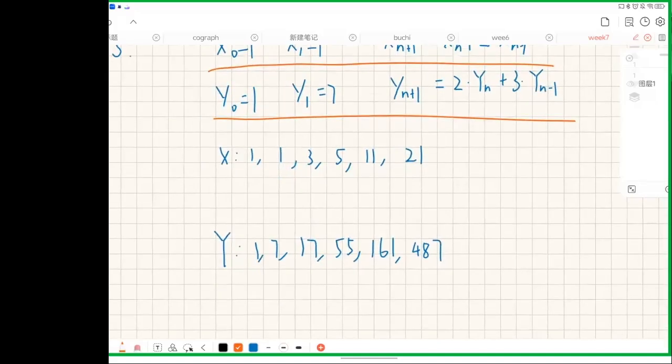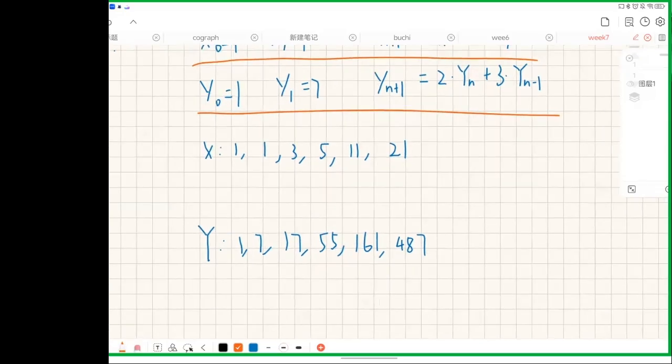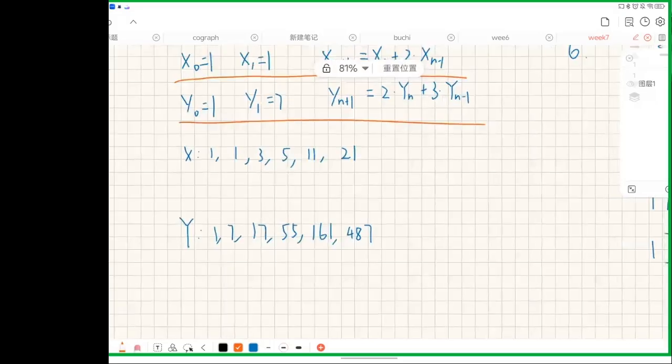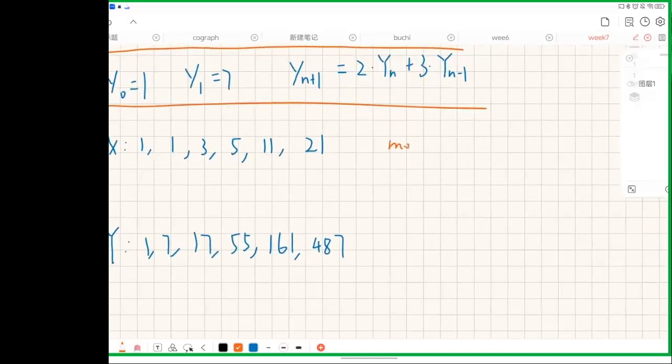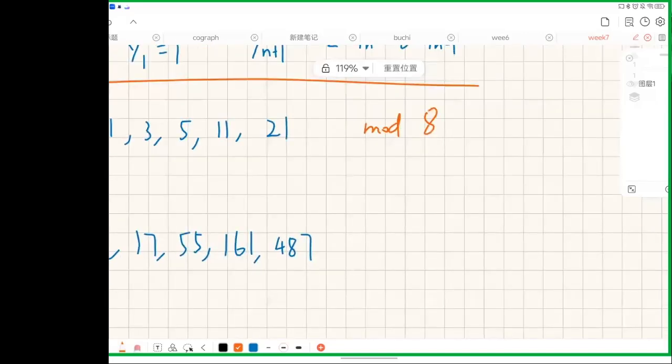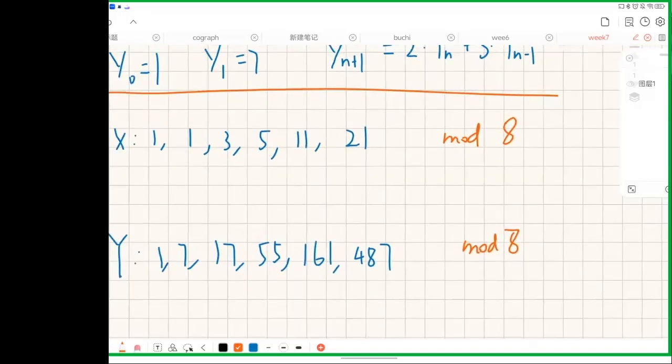So, let's see. Basically what we can do is calculate all the values mod 8. And we'll find something interesting. What happened when we mod 8?